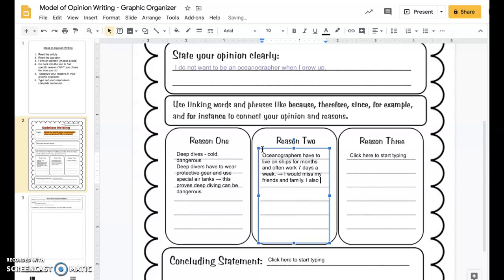I also would not get days to rest like the weekend. That's not something that I would want for my life. So that's a second reason I would not want to be an oceanographer when I grew up.